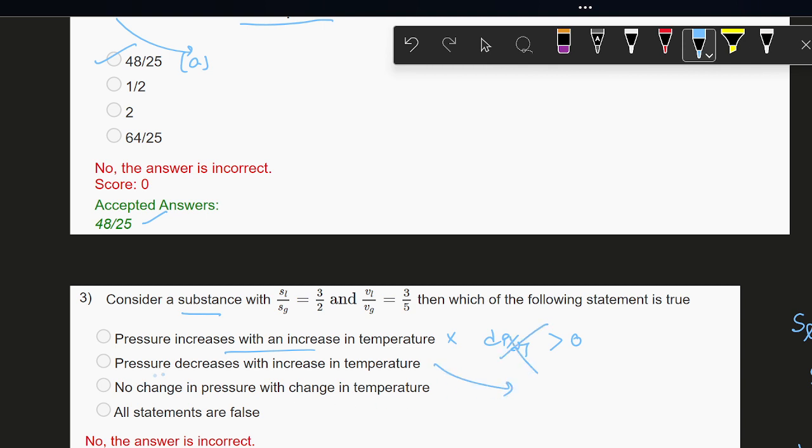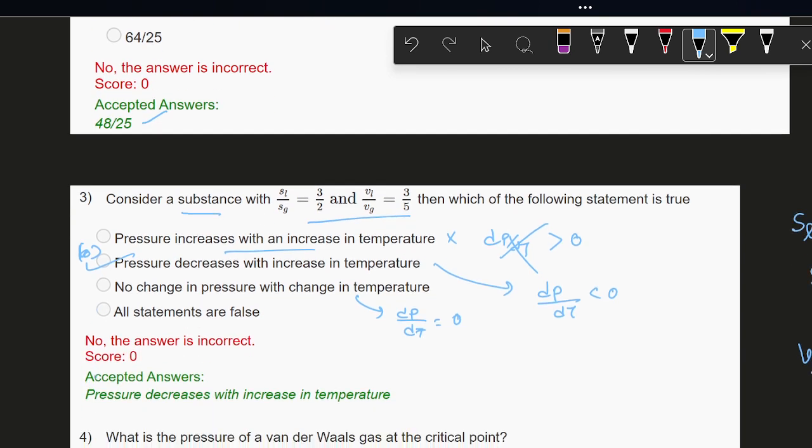You have shown that pressure decreases with increase in temperature, because dp by dt is less than 0. That is the answer. No change in pressure with change in temperature is not true, because dp by dt would have to be 0, which is also not true. So your answer is option B for question number 3.